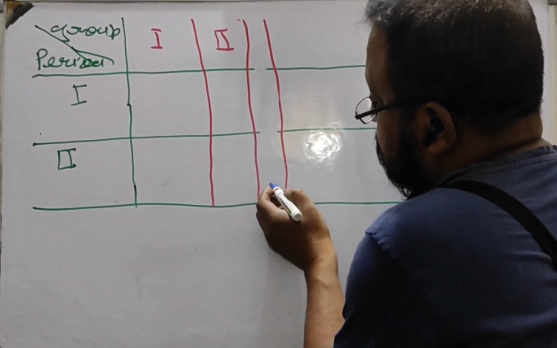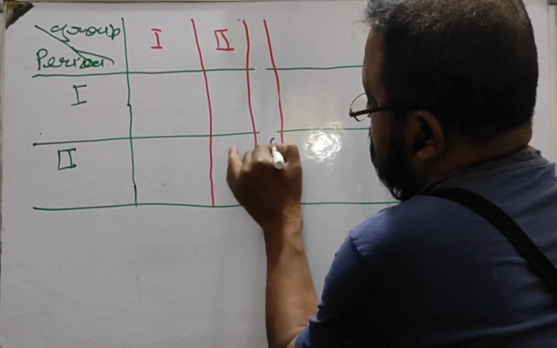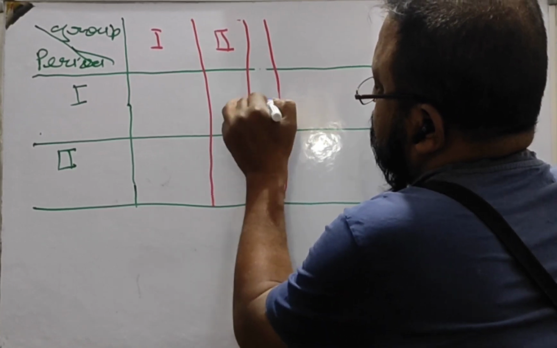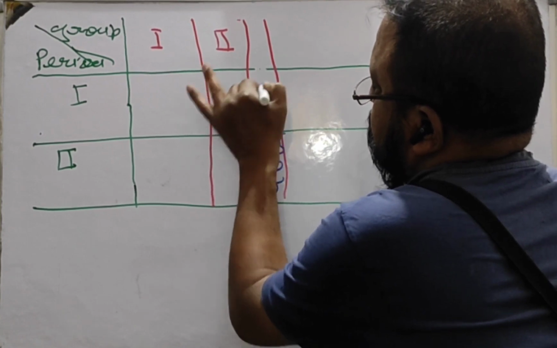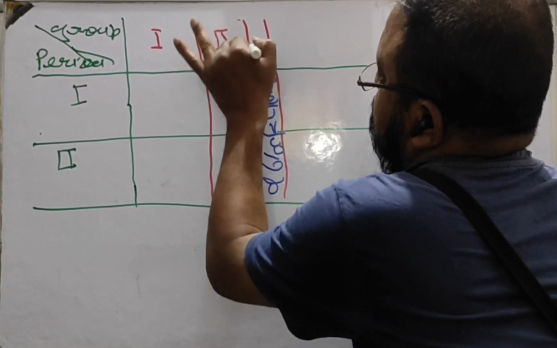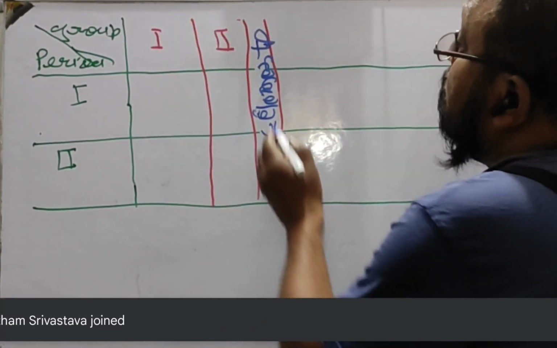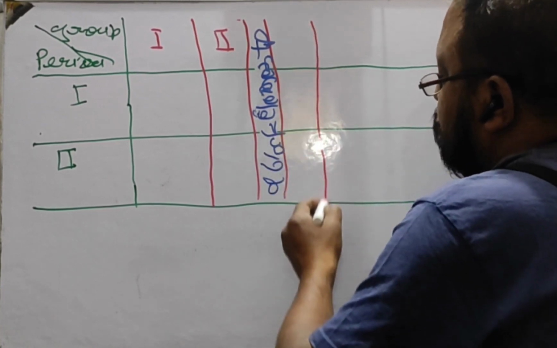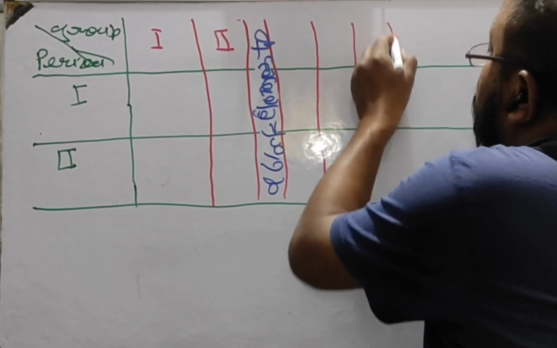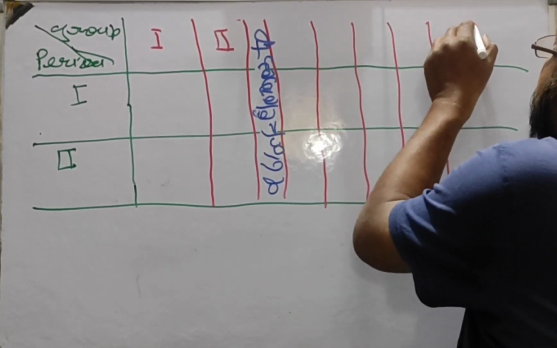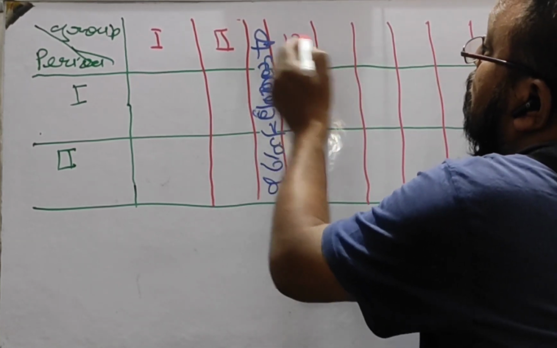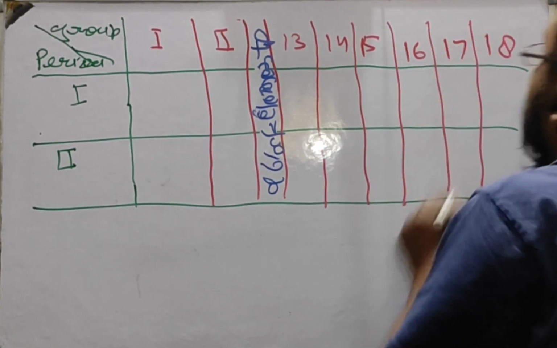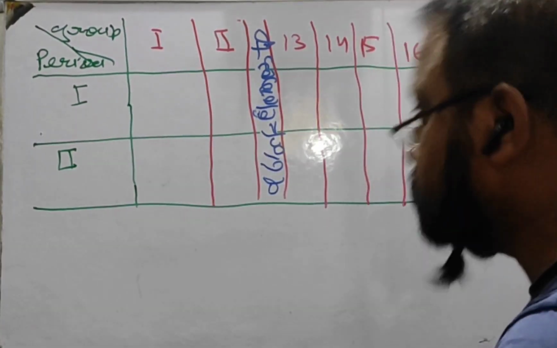And then we have group 13, 14, 15, 16, 17, 18, right? This is the table.